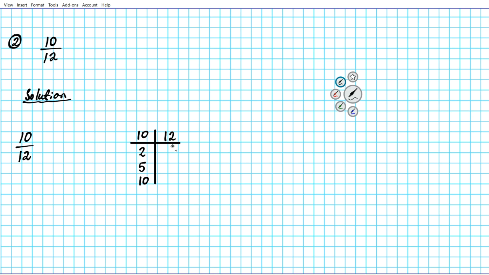The factors of 12 are 2, 3, 4, 6, and 12. Now, if you notice, you have exactly one common factor, and that common factor is 2.